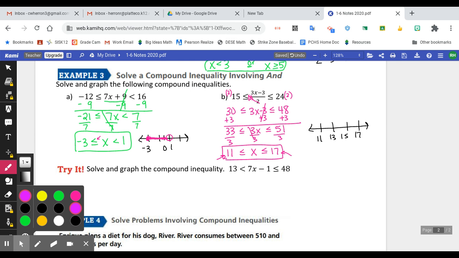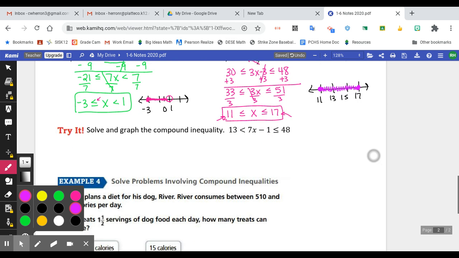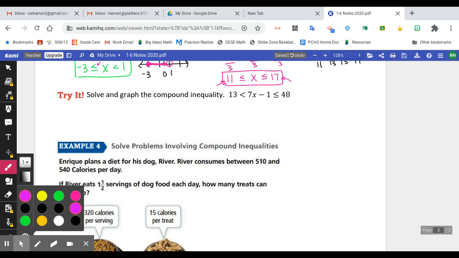Then we have to start at 11, and it's filled in. It's going to be between 11 and 17, and this one's filled in. So we know we have to fill in between those two numbers. Okay, almost there. So this one, try on your own, and then come back when you're done.